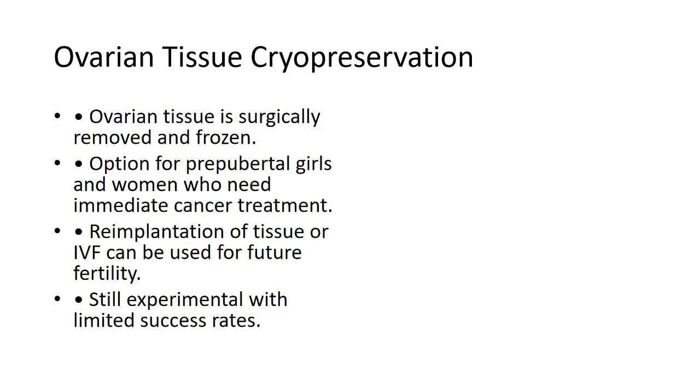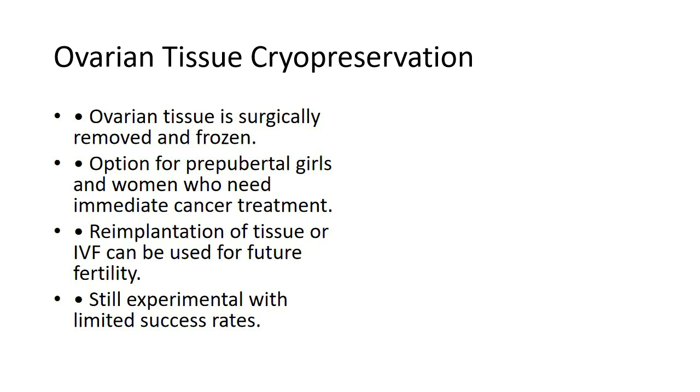Process of ovarian tissue freezing. Ovarian biopsy. A small section of ovarian tissue is surgically removed, typically through laparoscopy. The tissue is then prepared for freezing. Freezing. The ovarian tissue is frozen in liquid nitrogen and stored for future use.